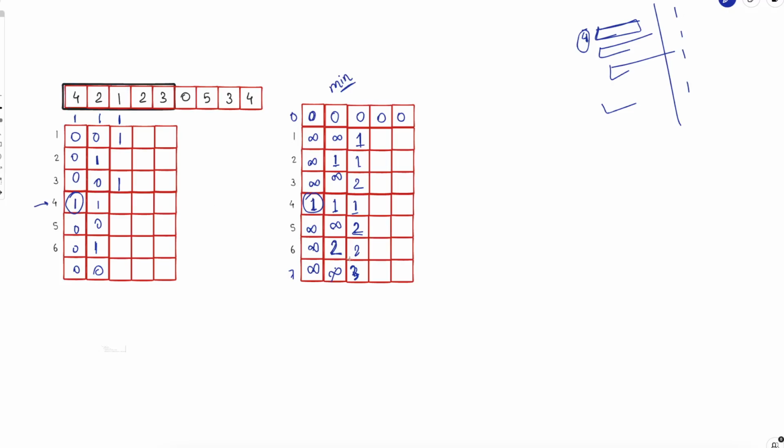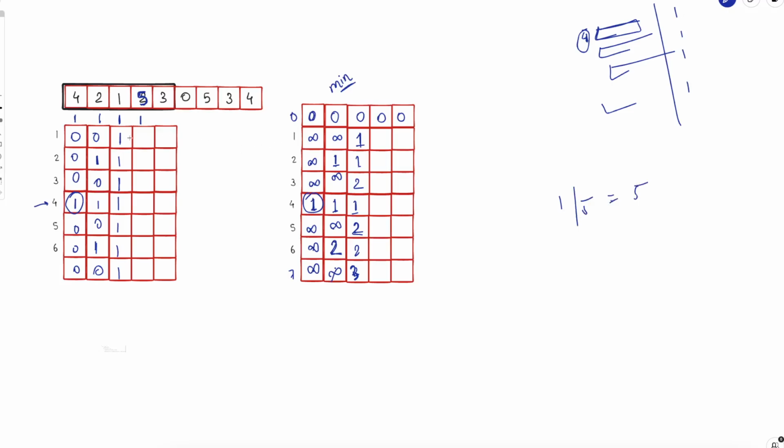Now let's do one more iteration, maybe, or I think let's make it 5 and now do one more iteration, right? So after this iteration, this entire thing would be 1. So now it is 5. You are already able to make 0, so that's fine. You are already able to make 1, so you can add 5 to it to make 5, like 1 OR 5 is already 5, right?